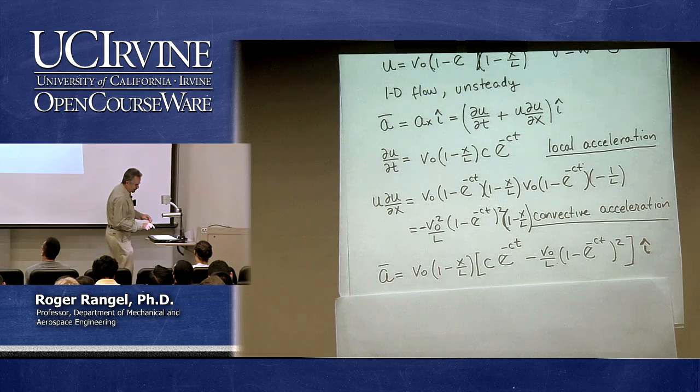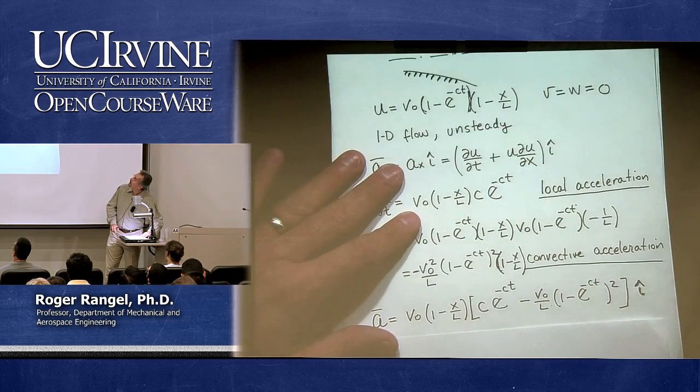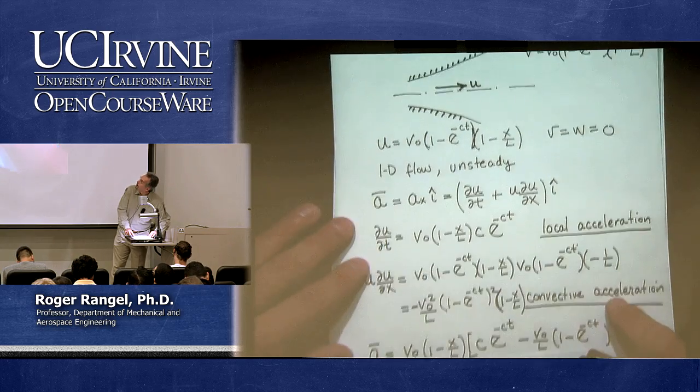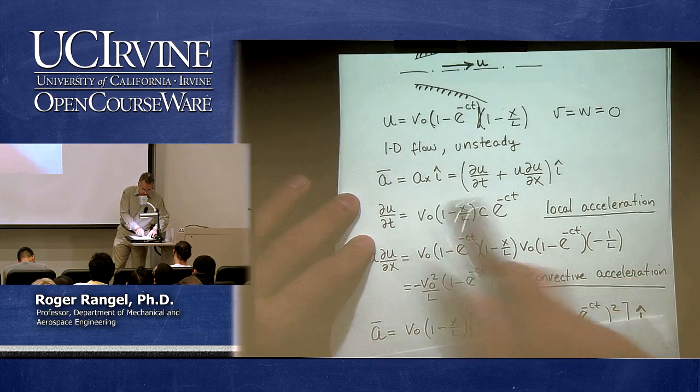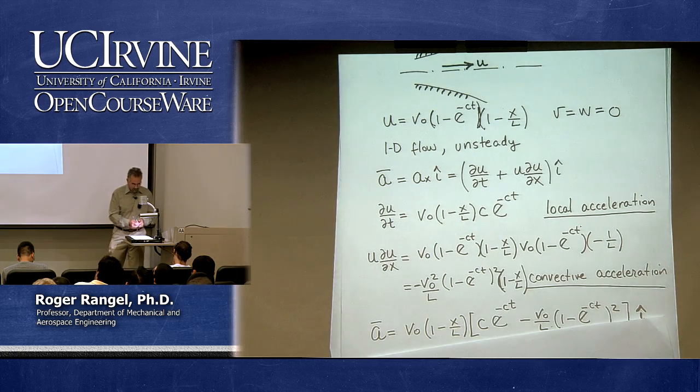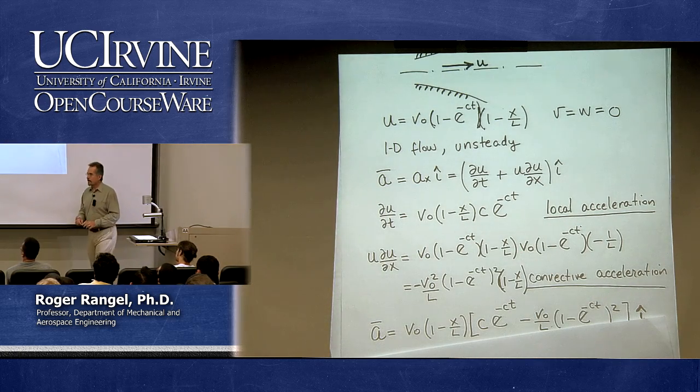Look at the velocity. If I slide this down so we can see the velocity again there at the top, right there. What happens with the velocity after a very long time? It also becomes steady.